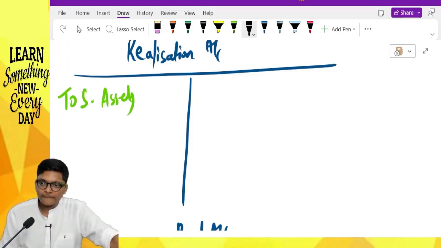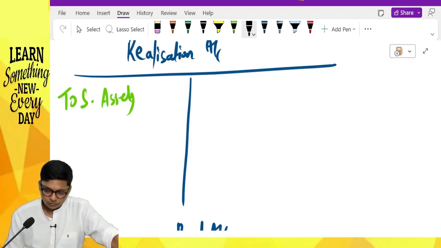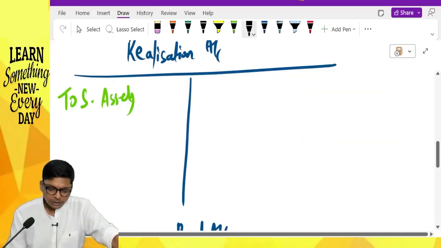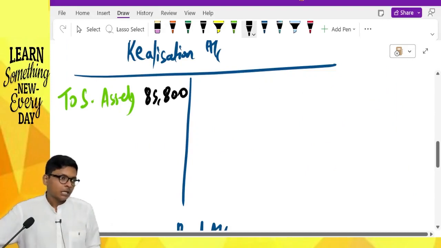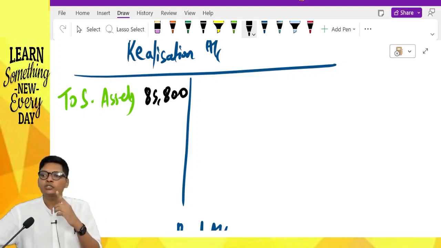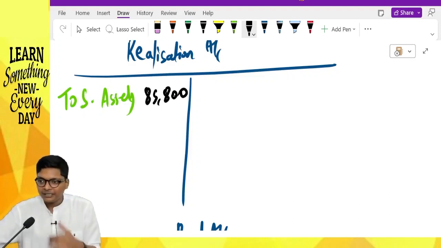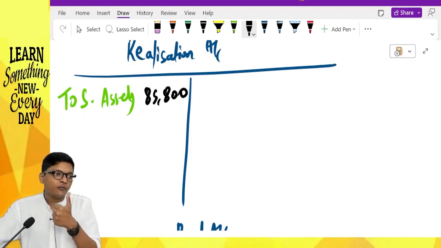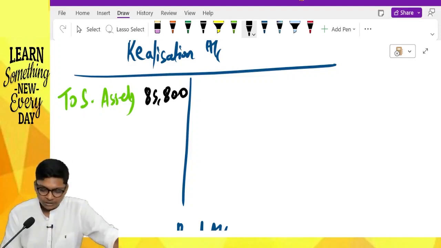How much, guys? 85. All of you got this? I hope all of you got this. Only mistake is ensure you don't add cash. Bank should not be added twice. I mean, it should not be added here. And debtors take 18,400 and not 18,000.